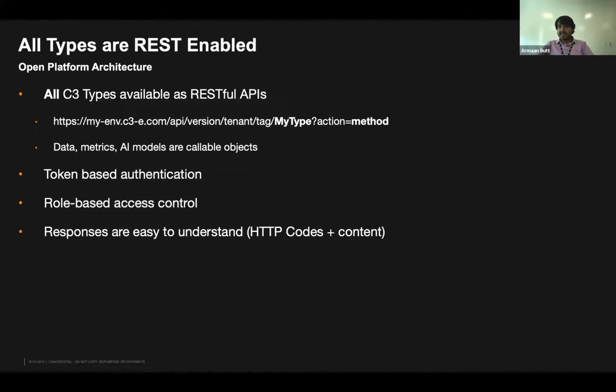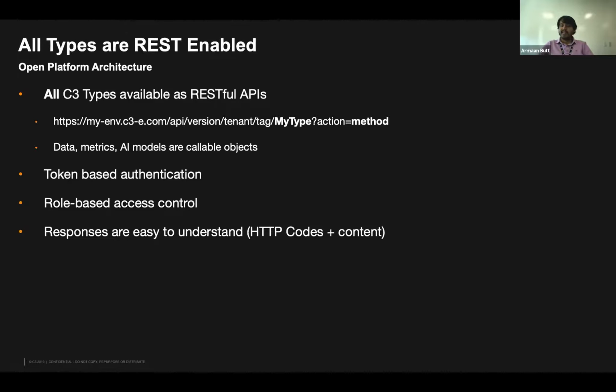So any of the types you build, whether they're data types or machine learning pipelines, all of the methods that are actually defined on those types, whether it's retrieving data, starting to train the model, see what the accuracy metrics are, getting time series data that is normalized and cleaned, all of this is available via a REST API as part of the platform.